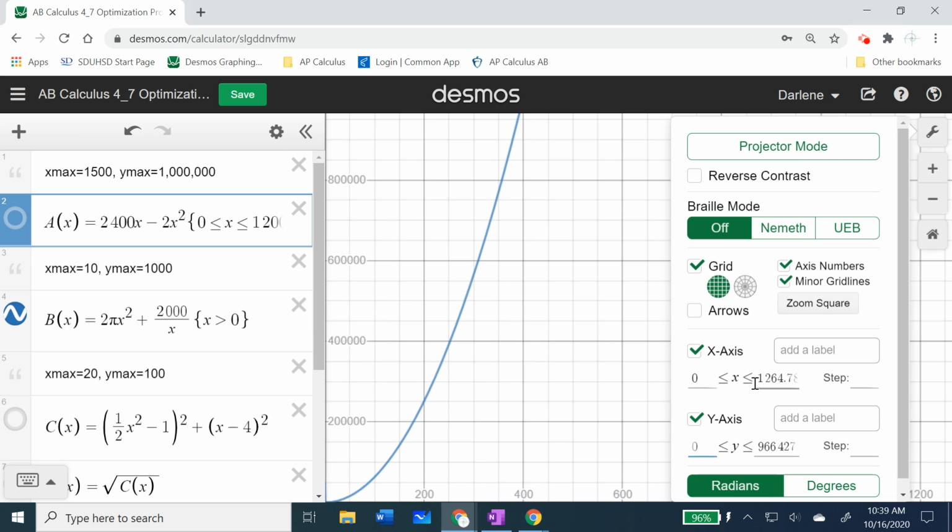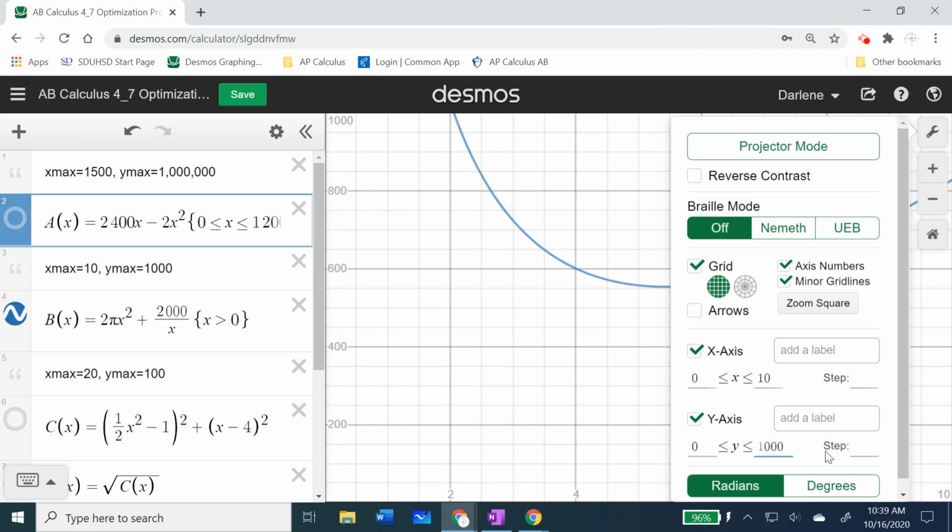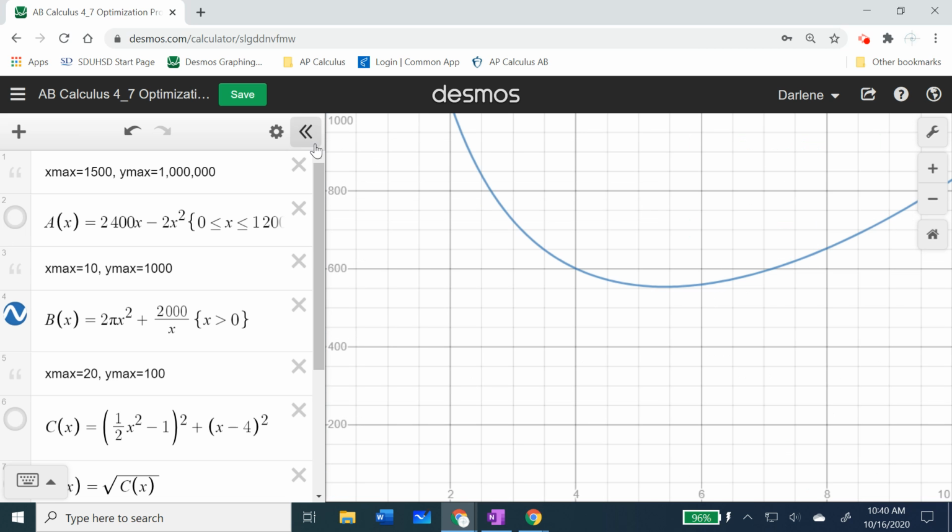X is 10, while Y is 1,000. There we go. So if you look over here, you can see that the X variable is right where that R is. And this is the simplified form. And then my function b of x, the y value is representing that surface area that we want to minimize. And we can see that there's a nice little minimum going on.